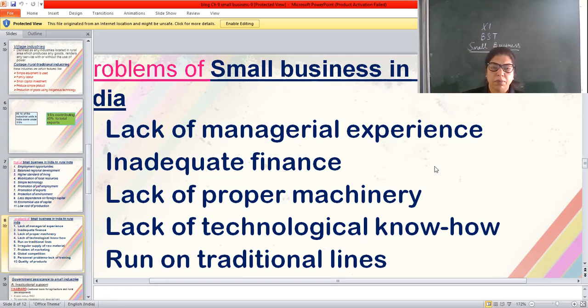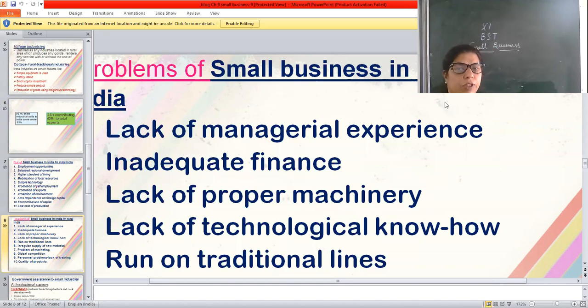So this is the problem they are facing, that lack of finance is there, and that's why they are unable to expand their business. They are unable to increase the opportunities. Even if the small business wants to launch a new product in the market, it's difficult for them.